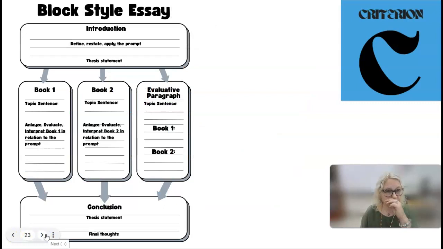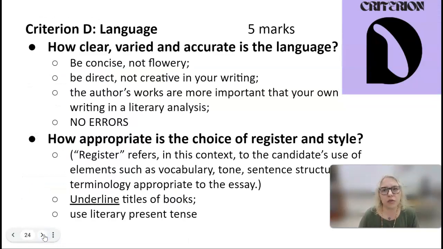All right, so use that block style to help you stay organized as you write your essay. I'm also grading 5 marks on criterion D, and this is how clear, varied, and accurate is the language. Here are some tips for you. Be concise, not flowery. Don't feel like you have to use big words, all right? Just be clear and say it in as few words as possible.